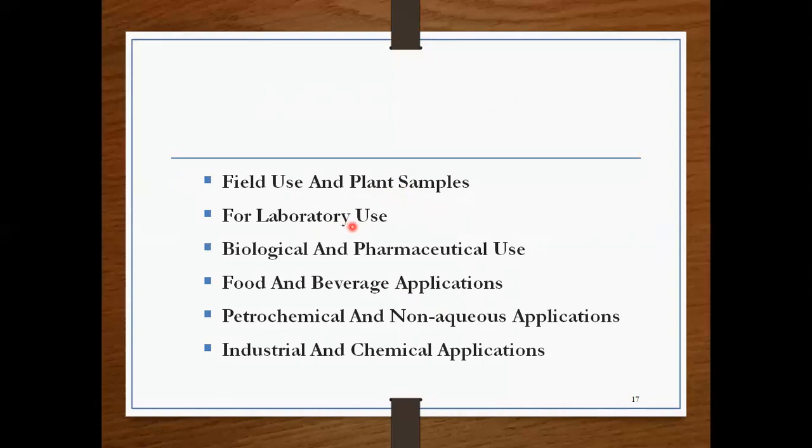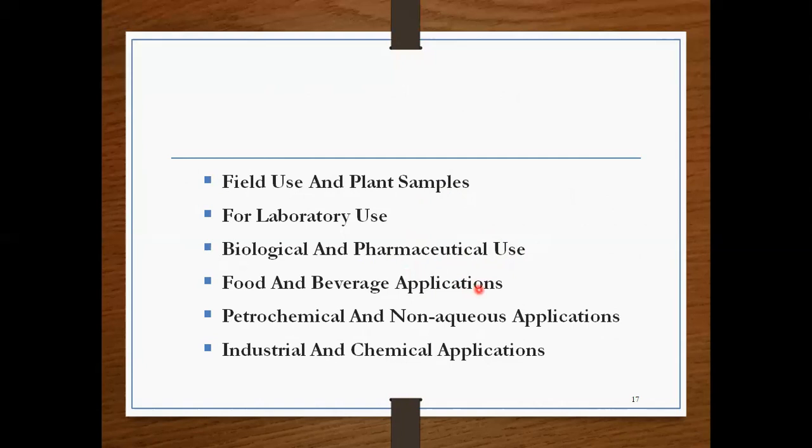For laboratory use, the electrodes are suitable for general purposes. All types of electrodes are used for laboratory purposes, biological and pharmaceutical use. The electrodes with the Ross and double junction, that is double junction silver chloride reference, or Tris compatible, are used for the biological and pharmaceutical uses.